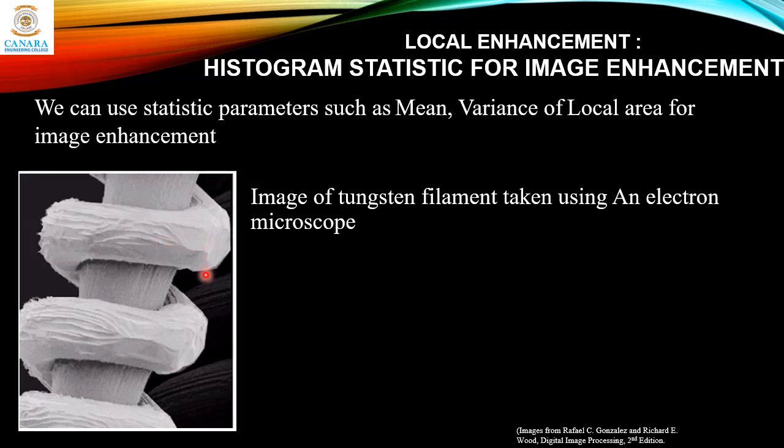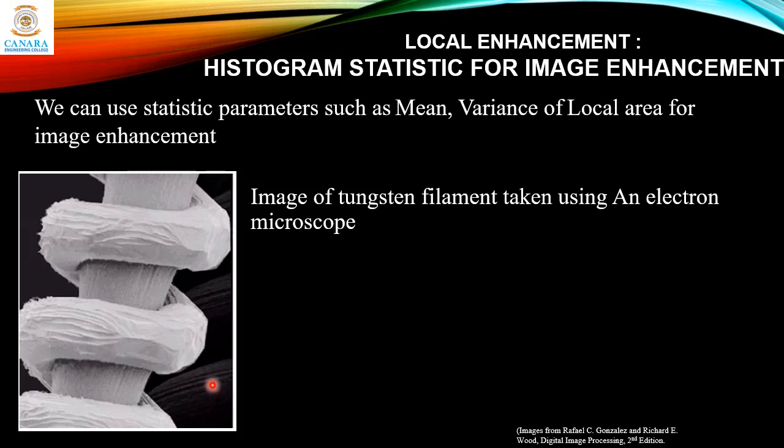But in the background, you can also make out another filament. You want to enhance this darker looking filament, which is very difficult to make out, because the foreground is quite bright and the background is quite dark, and you need to really strain your eyes to see what's there in the background.